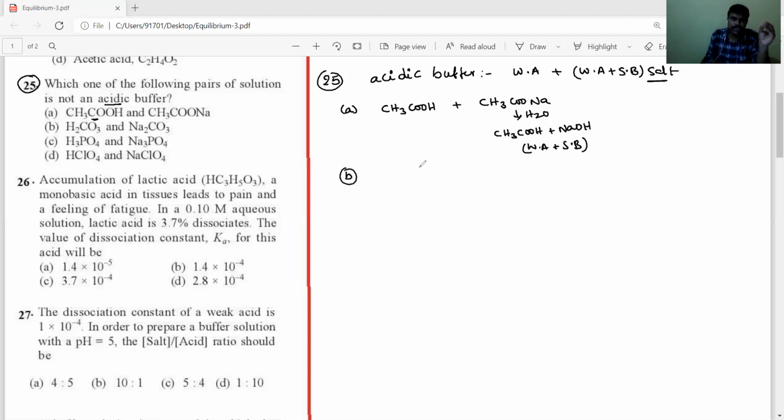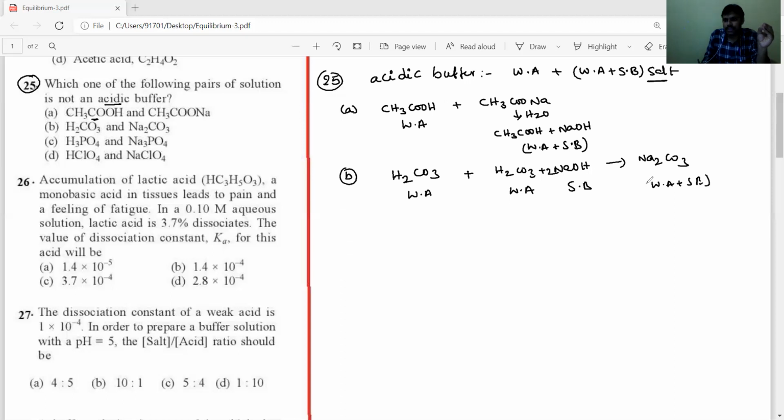And in option B, H2CO3 is carbonic acid, a weak acid. Its corresponding weak acid strong base salt: H2CO3 plus NaOH combine to give the salt Na2CO3, sodium carbonate, a salt of a weak acid plus a strong base.